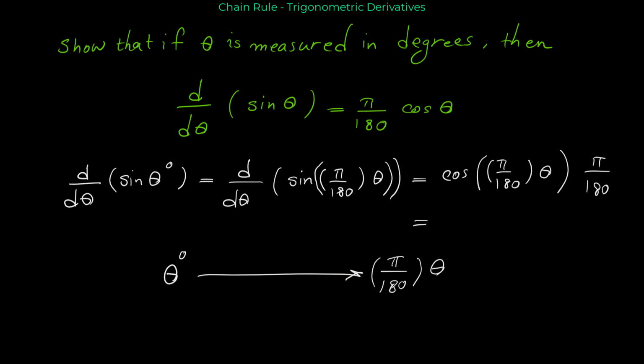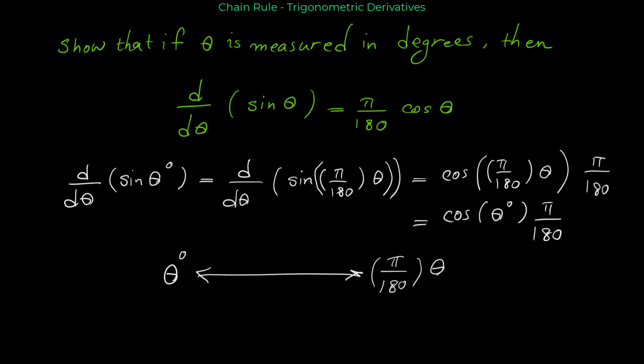Now if we rewrite this angle in degrees again, attention: this new angle is in radians, and we can bring it back to degrees. Pi over 180 times theta is in radians. If we convert it back to degrees, we get cosine of theta degrees, times pi over 180.